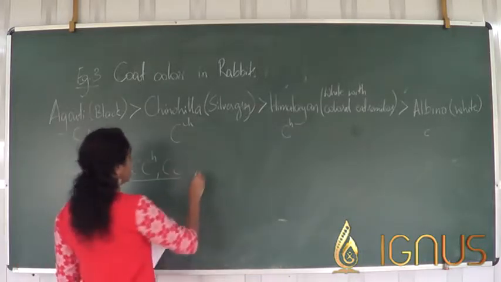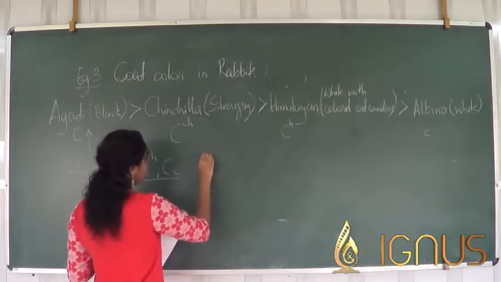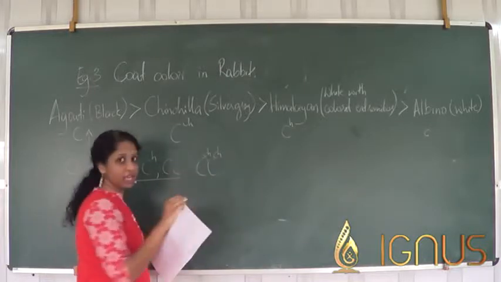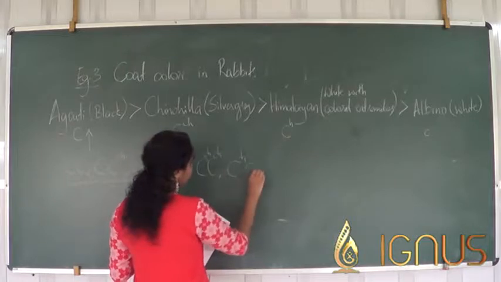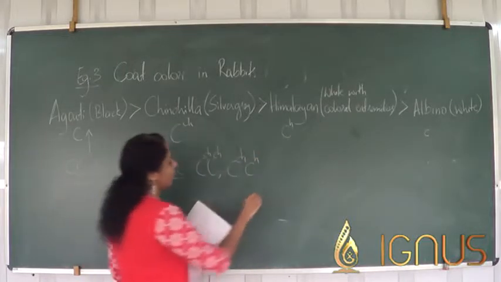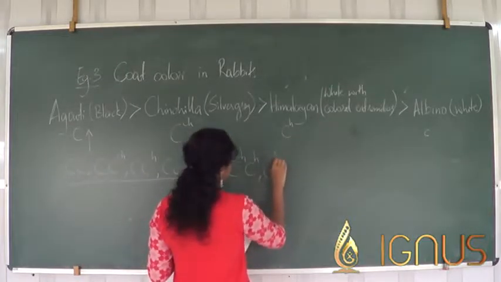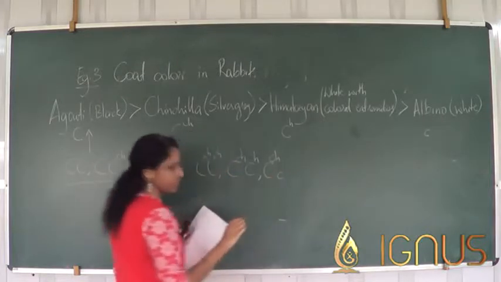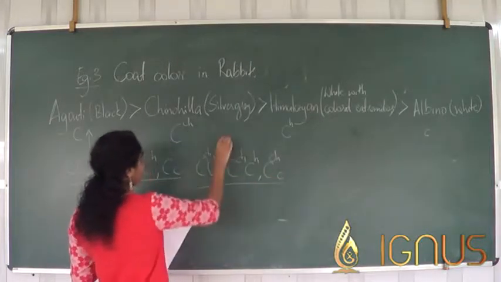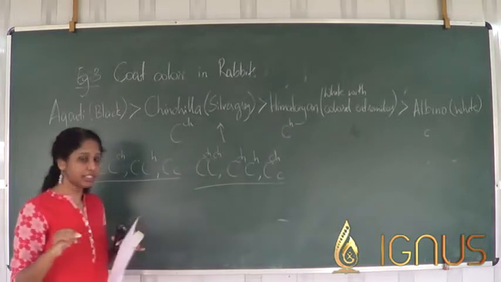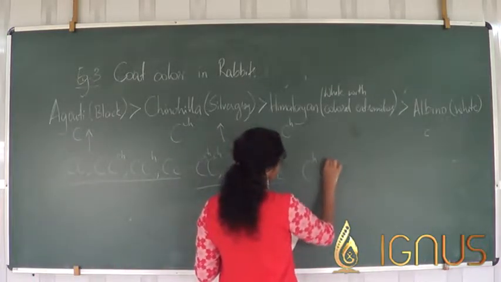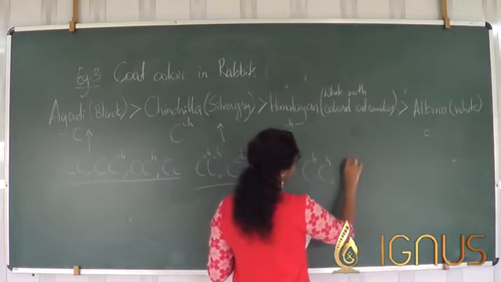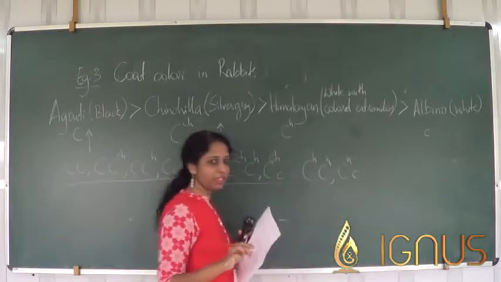If it is chinchilla, then it needs to be a homozygous CH, or it can be a CCH, or it can be a CCH with small letter c. All these 3 would give rise to chinchilla. For Himalayan, again it will be a homozygous or a heterozygous with an albino allele.